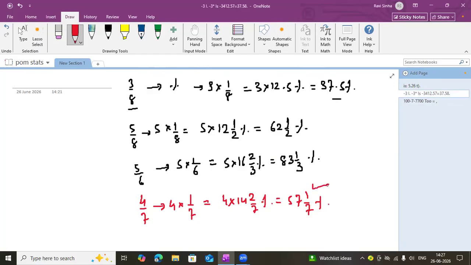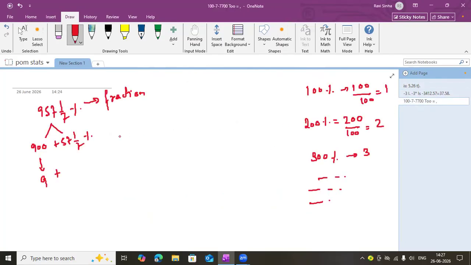So 57 1 by 7% is nothing but 4 by 7. Putting in the values, we get 9 plus 4 by 7. 9 times 7 is 63, plus 4, is 67 by 7. So 957 1 by 7% when converted into a fraction is 67 by 7.